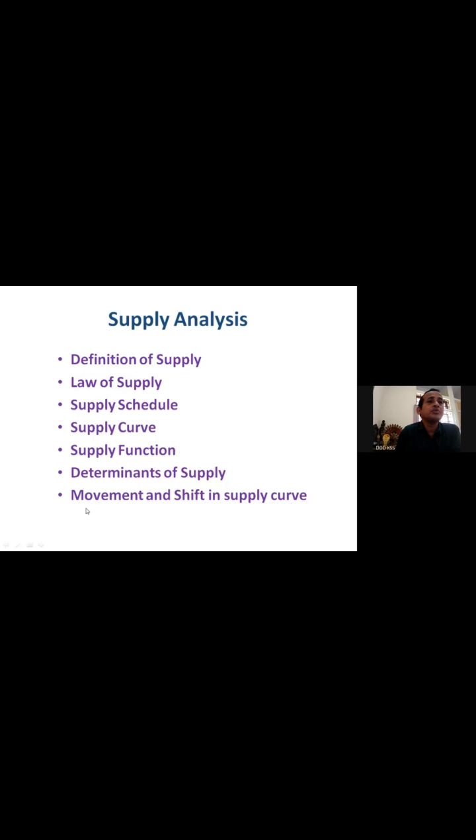A question may come: discuss movement and shift in the supply curve, or explain the movement and shift along the supply curve. So these are some of the questions and answers we are going to address throughout this session.